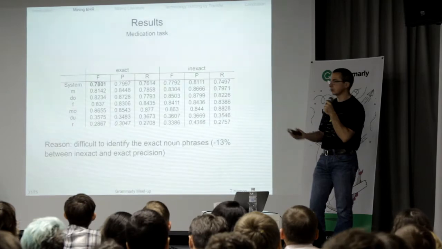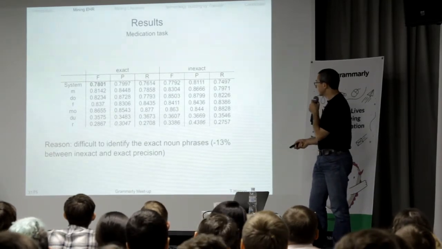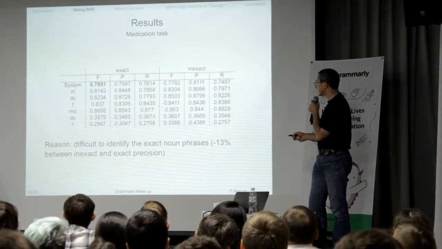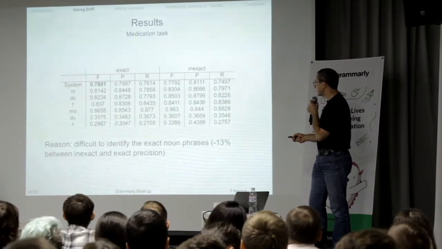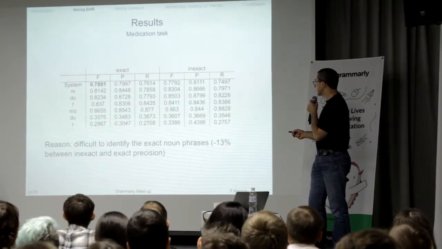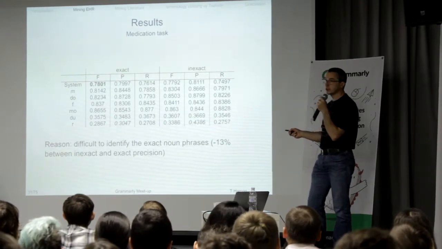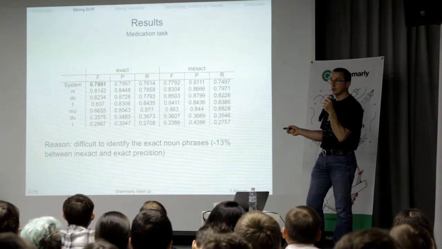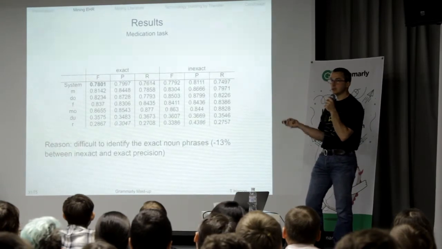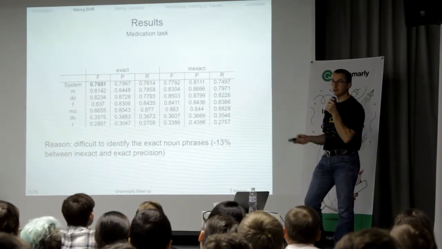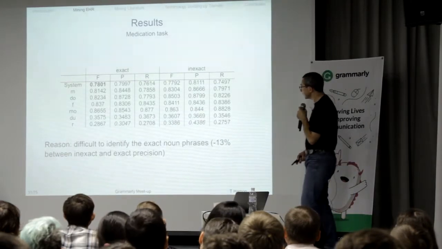In that case, it's an inexact match. And our system was interesting because there is an important increase on exact match for the precision, which was not observed with other systems.